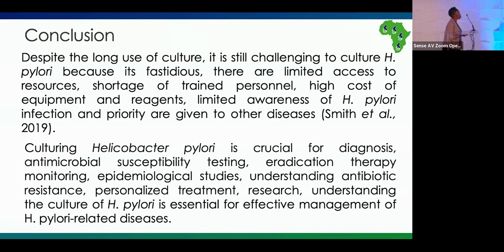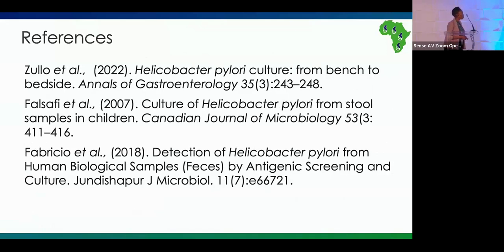So culturing is crucial for diagnosis, antimicrobial susceptibility testing, eradication therapy, monitoring, epidemiological studies, understanding antibiotic resistance, and personalized treatment research, and this is essential for the effective management of Helicobacter pylori-related diseases. Here are my references. Thank you.